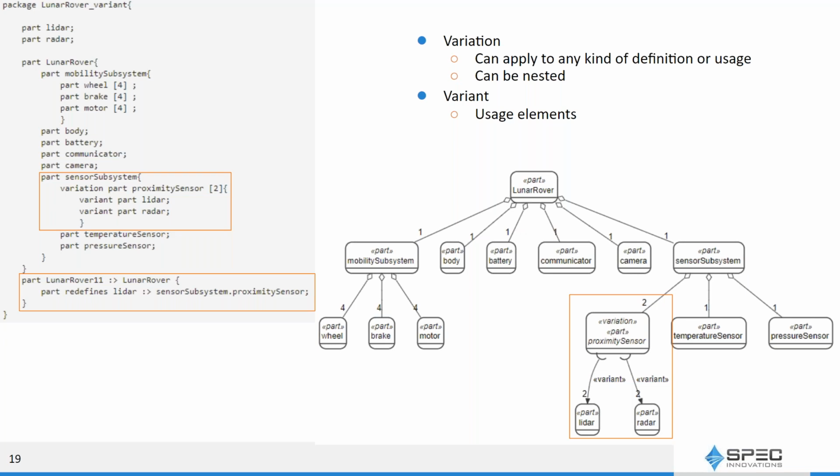So then we can redefine the part LiDAR to be the sensor subsystem dot proximity sensor. So then in the diagram, you can see that under sensor subsystem, it has a variation part called proximity sensor that contains two variants, LiDAR and radar.